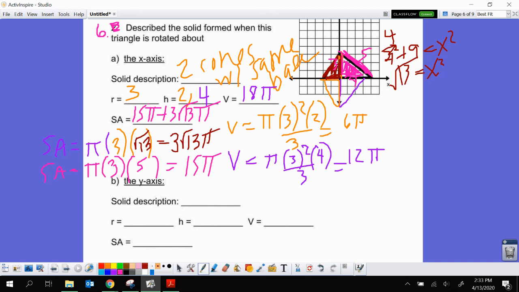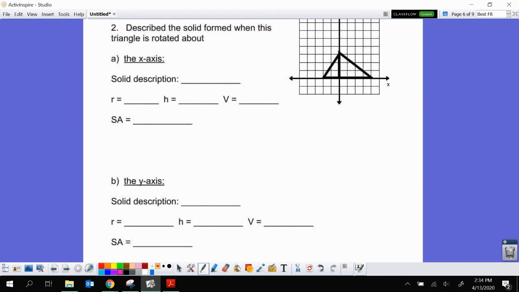Okay, if we go over the y-axis here, if we flip this over the y-axis, this one's going to be easier, because if we flip it over this way, we've created this cone here.